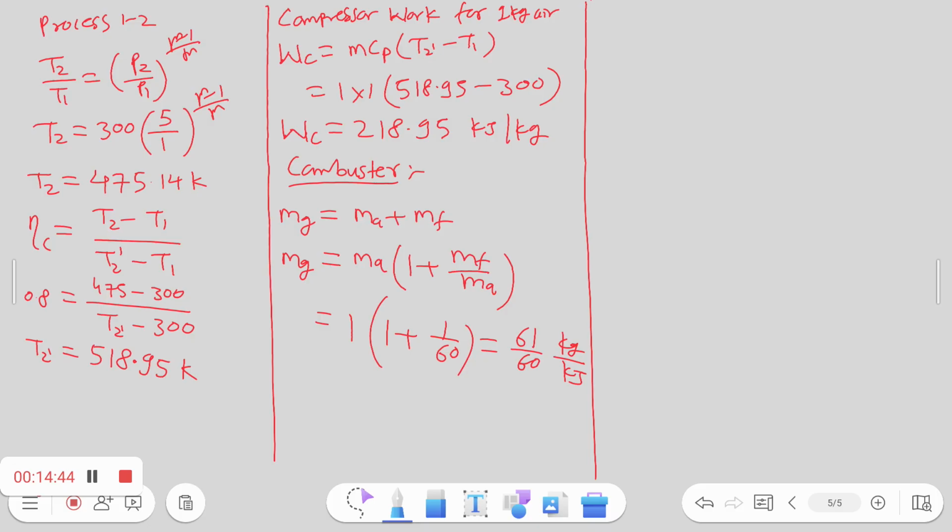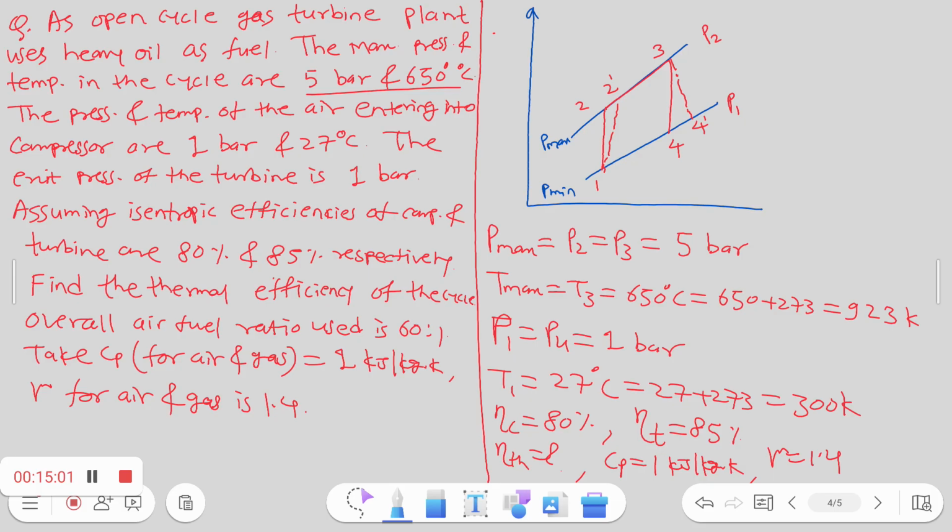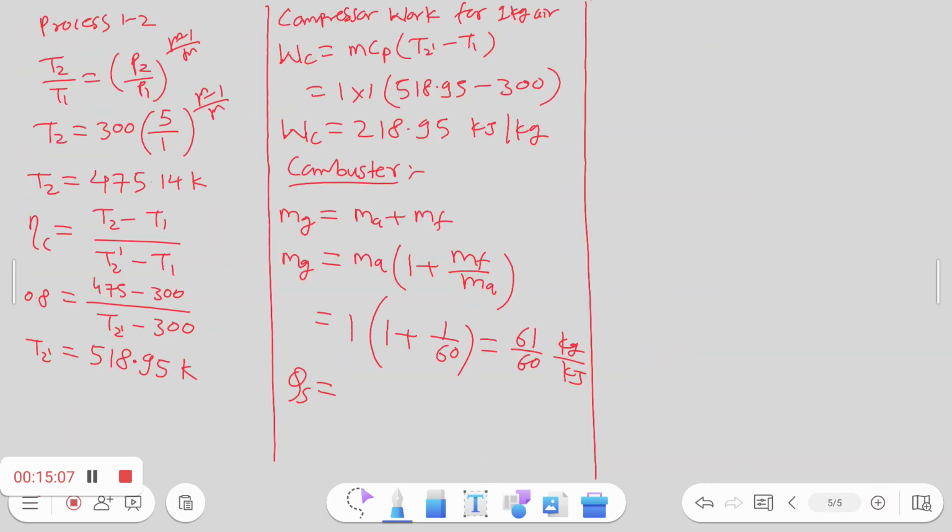Okay. Now next we require heat supply. Heat supplied in the combustor is what? Enthalpy, that is H3 minus H2 dash. H3 minus H2 dash. So H3 is what?